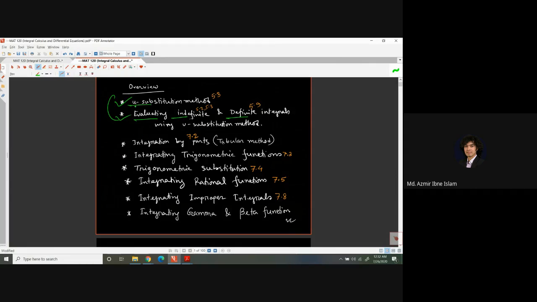We have discussed the U substitution technique, indefinite integral, and definite integral, and in this part we have discussed integration by parts and the tabular method. Let's focus on this one, integrating trigonometric functions.